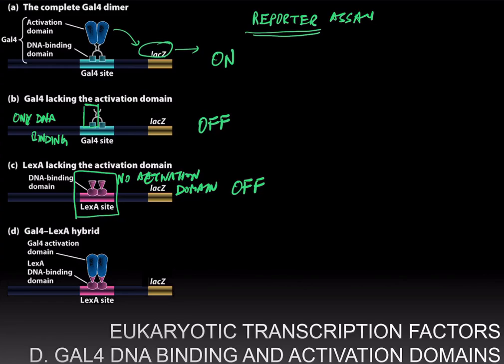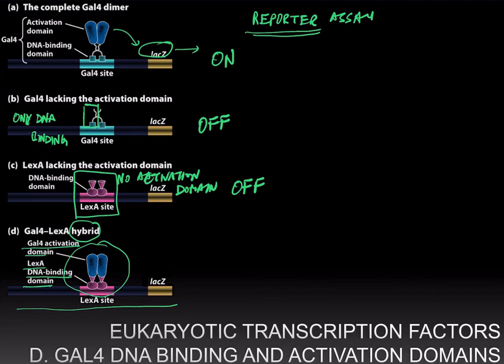And finally, scientists created a second reporter gene, which had a LEX-A DNA binding site. They performed the reporter assay in a cell that carried a chimeric or hybrid protein which had the GAL4 activation domain, but the GAL4 activation domain was fused to the LEX-A DNA binding domain.